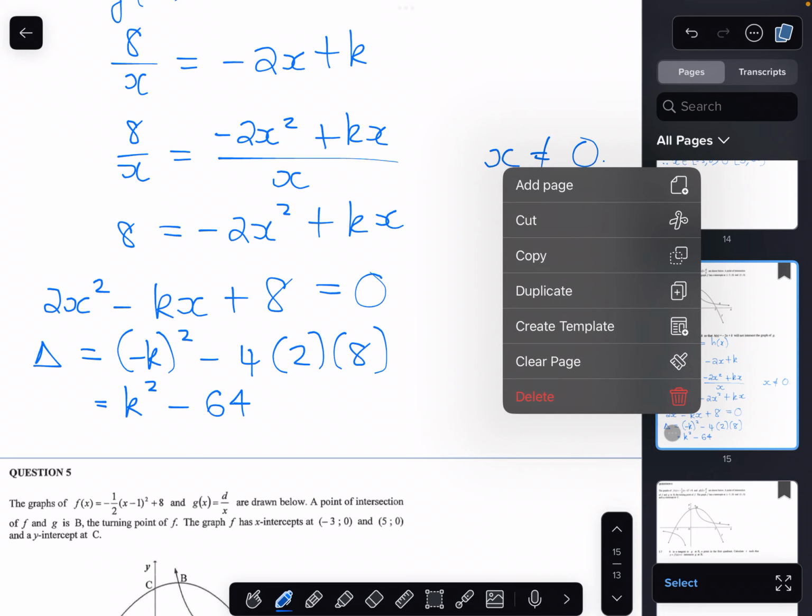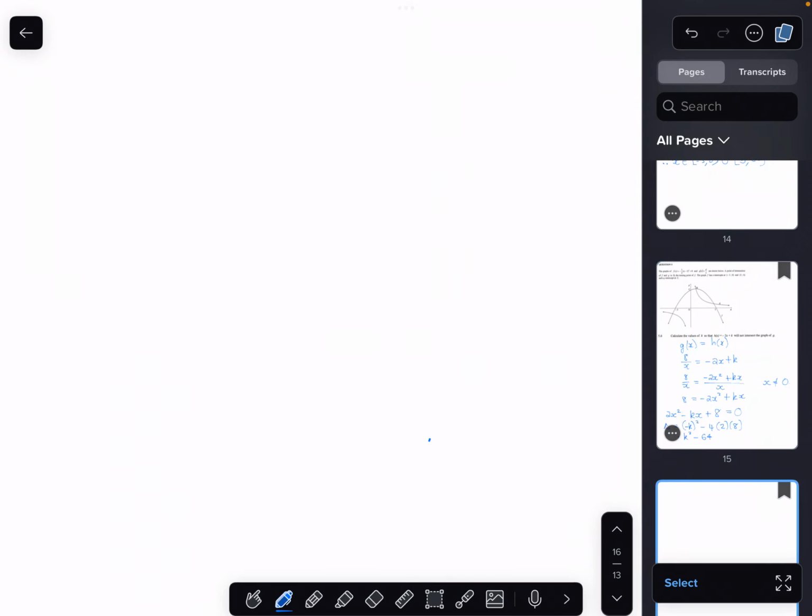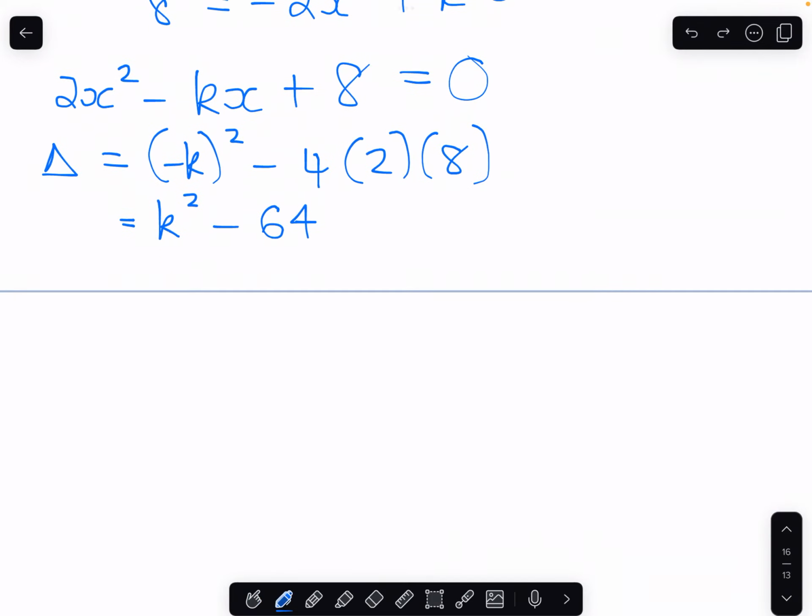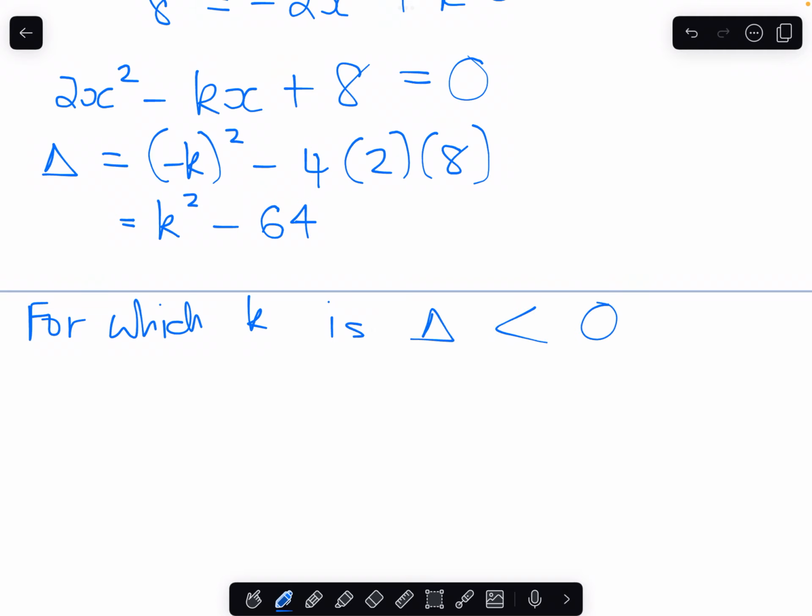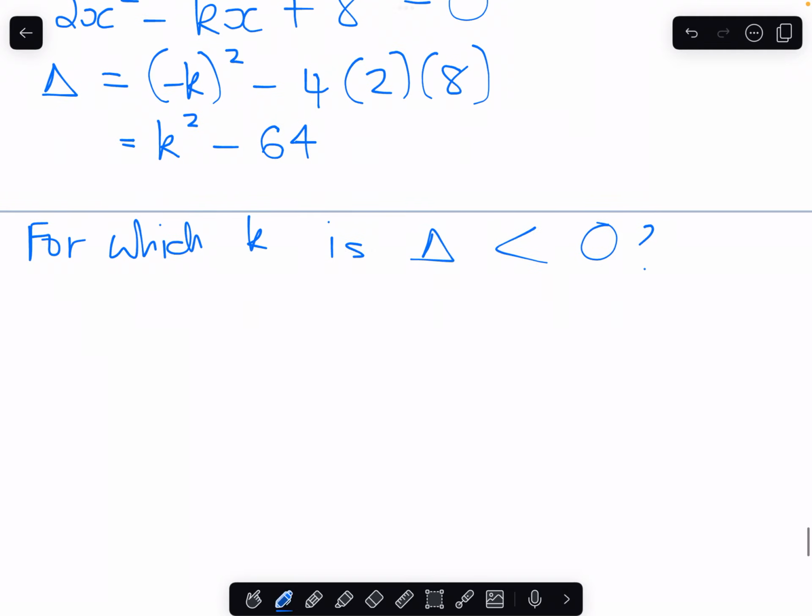And what we want to know is for which values of k is the discriminant negative. So for which values of k is k squared minus 64 smaller than 0.